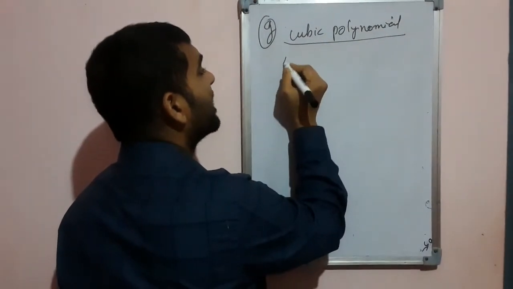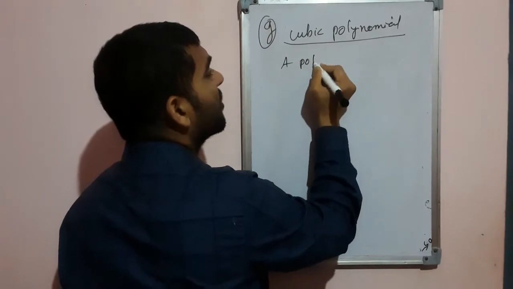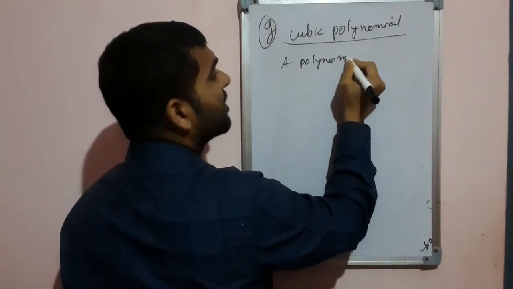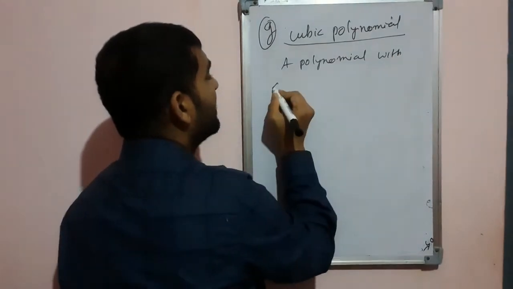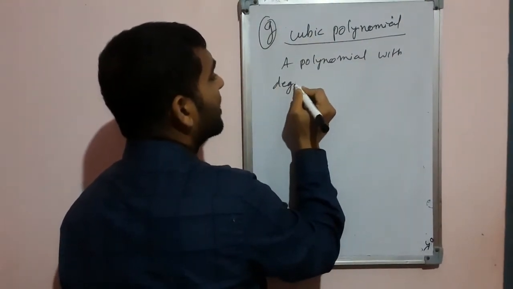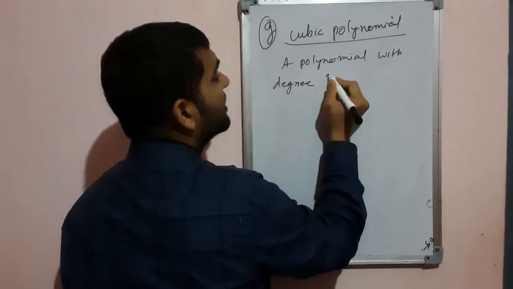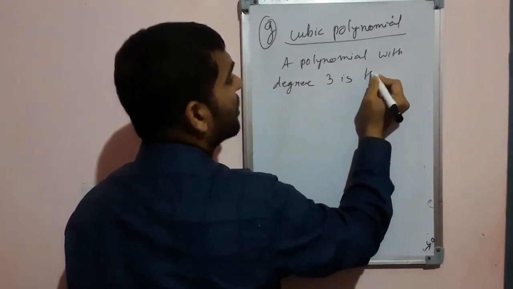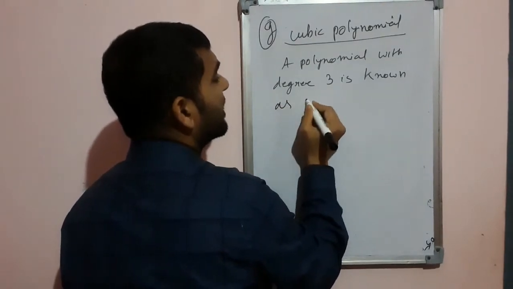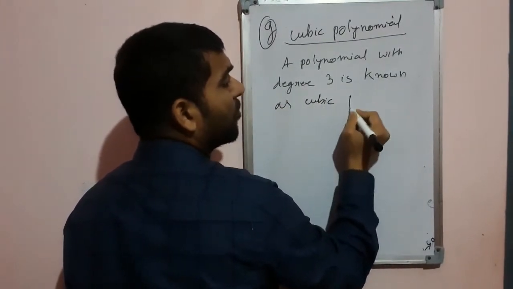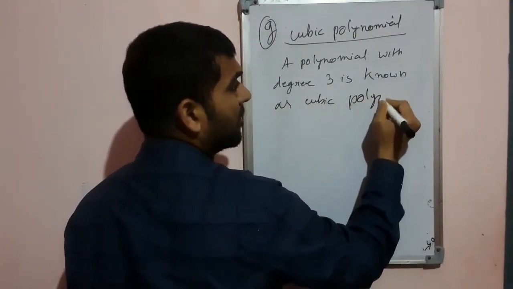A polynomial with degree 3 is known as a cubic polynomial.